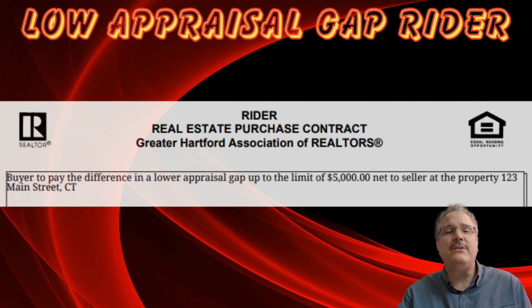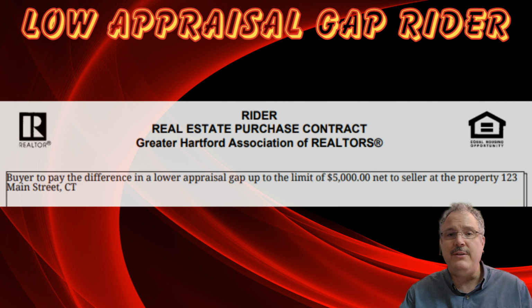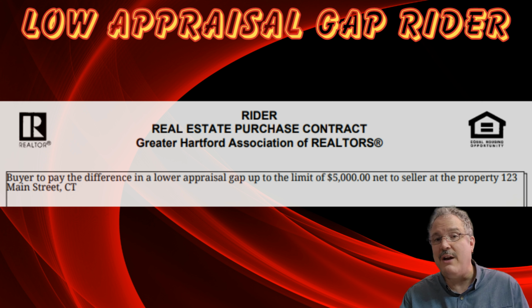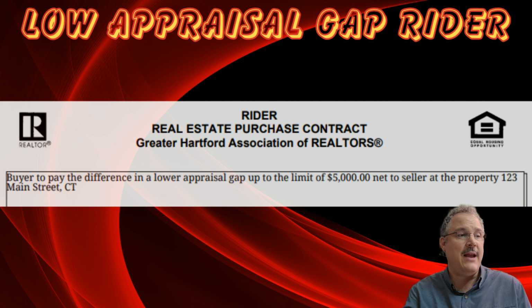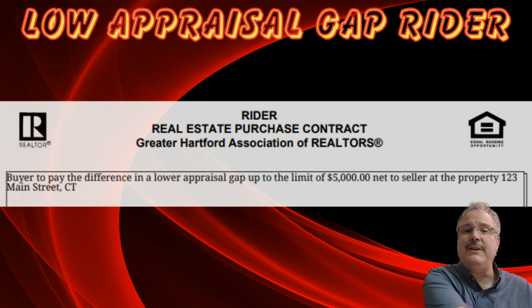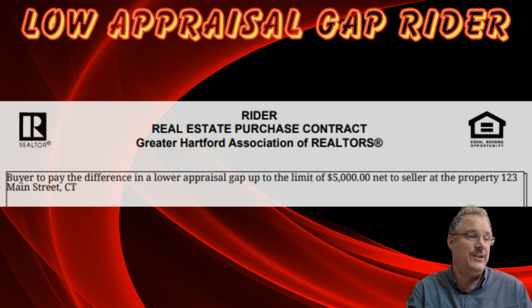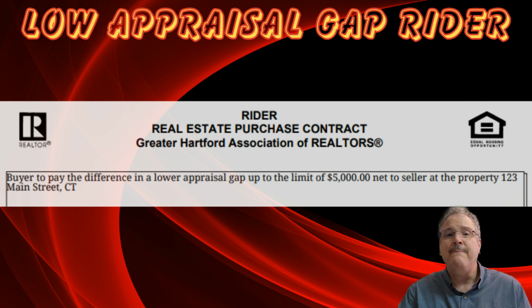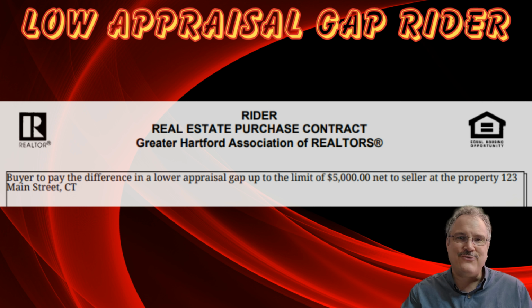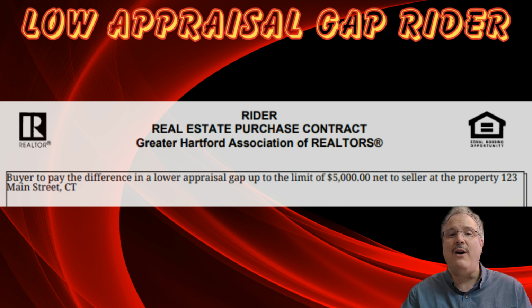So if the appraisal comes in $2,000 low, you're going to put in $2,000. If it comes in $10,000 low, we can renegotiate, but you're not putting in a rider obligating you to pay $10,000. This one is $5,000. So we would discuss that. And this is another way to strengthen your offer and make it look better in comparison to the competition.